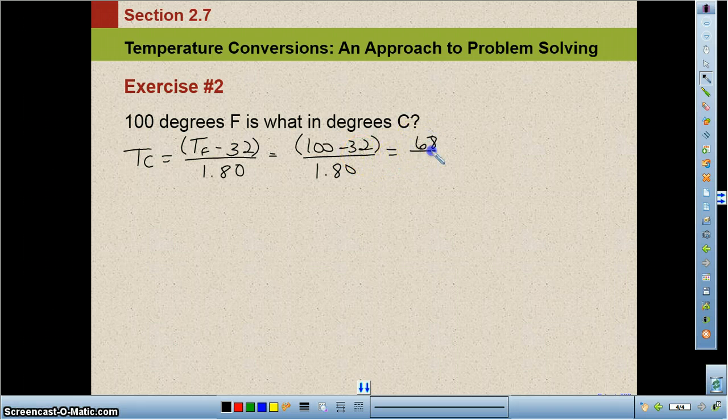That's 68 divided by 1.80, which isn't necessary to write down on your paper, but I just did that so you could see the visual on it. Divided by 1.80, and you get 37.78 degrees Celsius. And we have 1 sig fig here, so we're going to round this to 1 sig fig. So we have the 30, the tens spot where the 3 is, that we want to keep. This is a 7. Is it 5 or larger? Yes. So we're going to round that up to 40 degrees Celsius, and that's 1 sig fig.